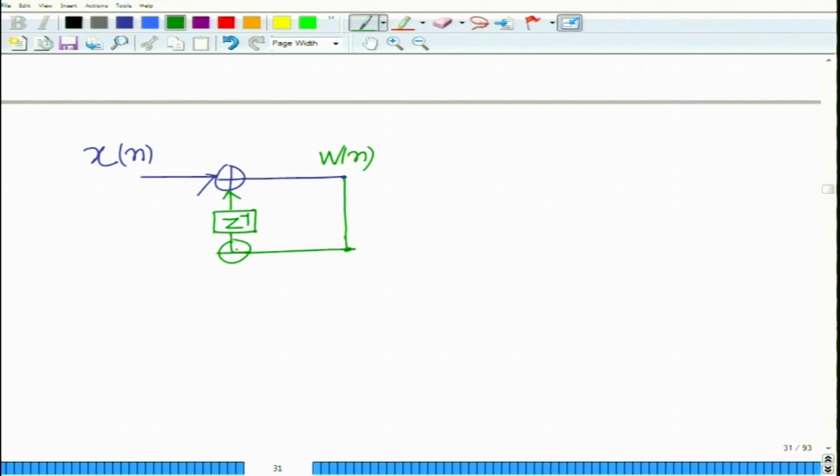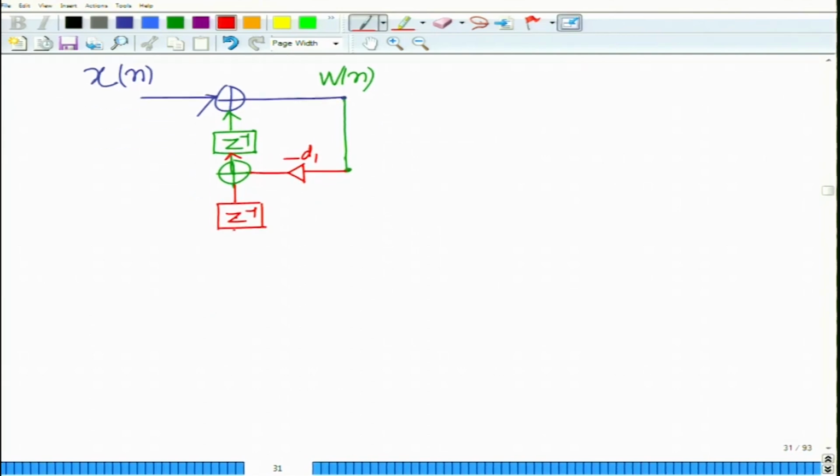We have here another adder, and then of course, this has to be multiplied by minus d1, okay, and we will have here another delay element z inverse, okay, and we will have another adder, another gain, minus d2, okay, and finally, we will have another element here.